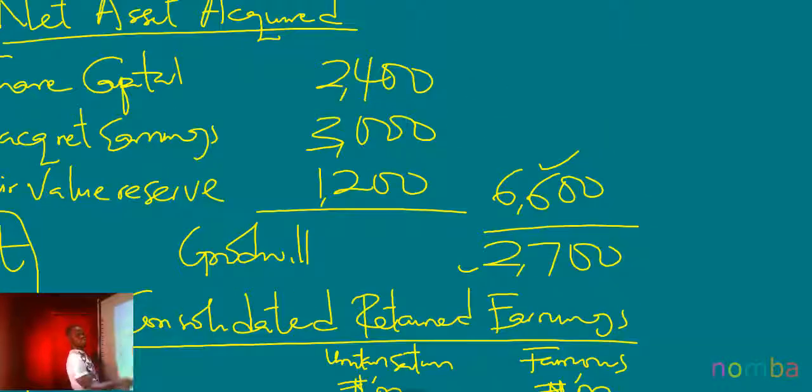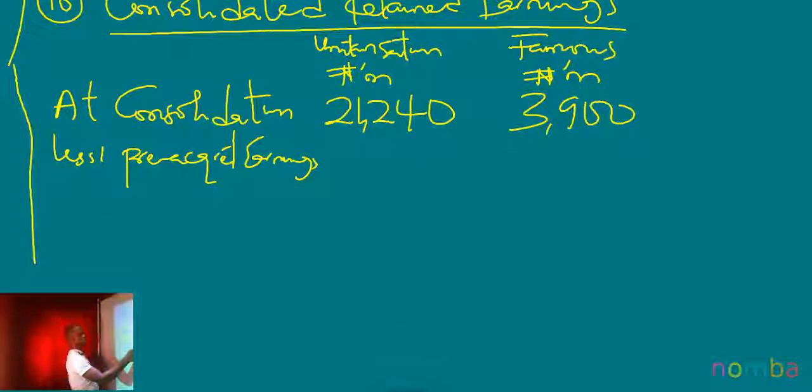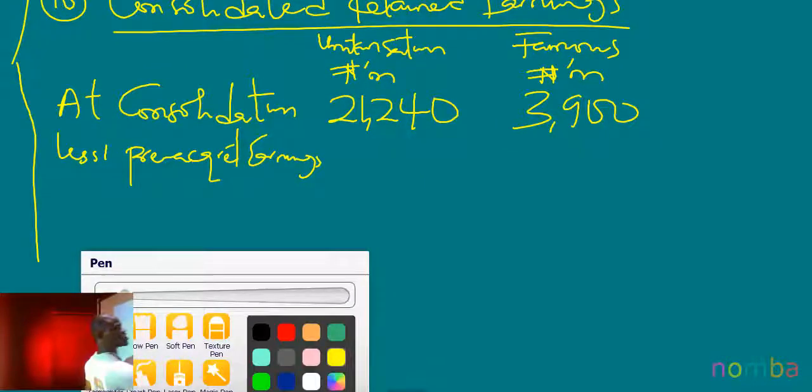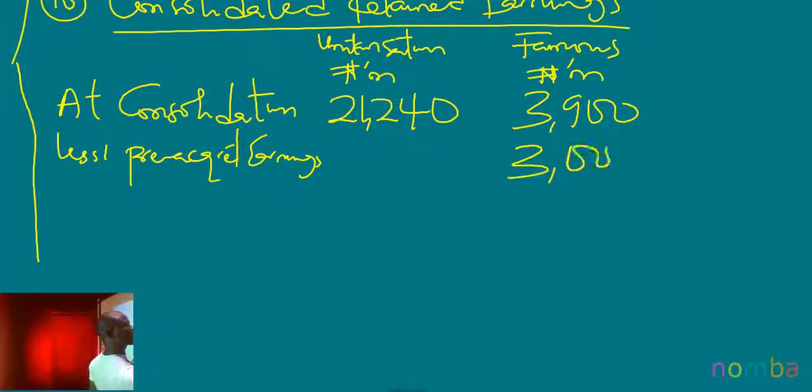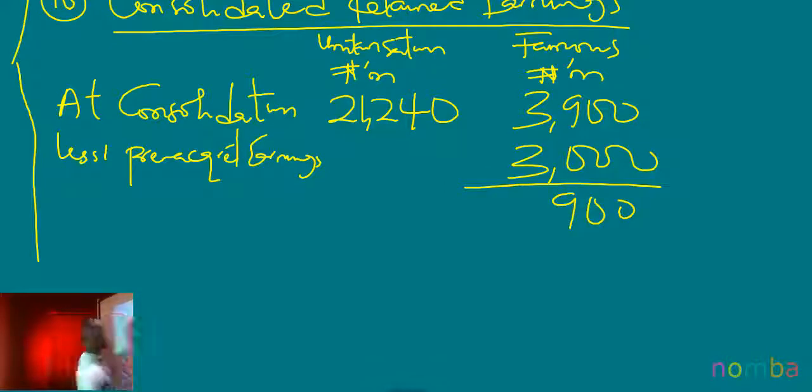So let's go and deduct it from the retained earnings. So the post-acquisition retained earnings is 900. From this post-acquisition retained earnings, we're going to adjust for consolidation adjustments that arise during the periods after acquisition.